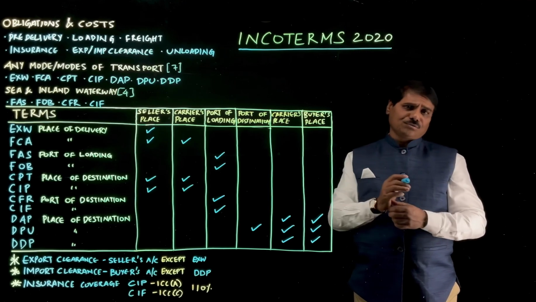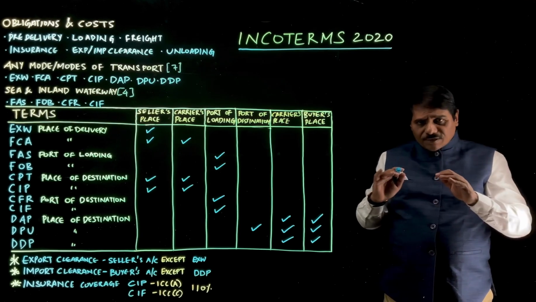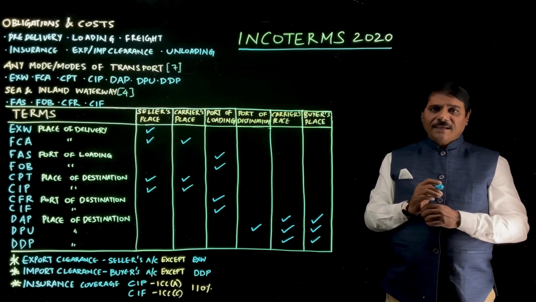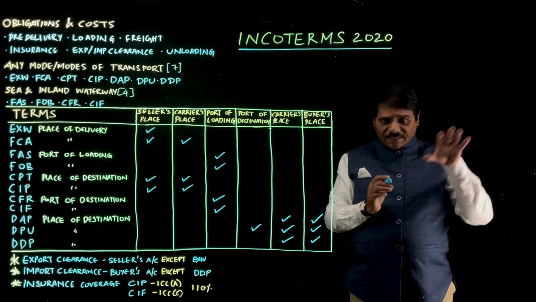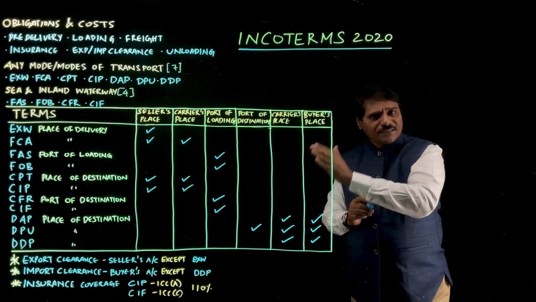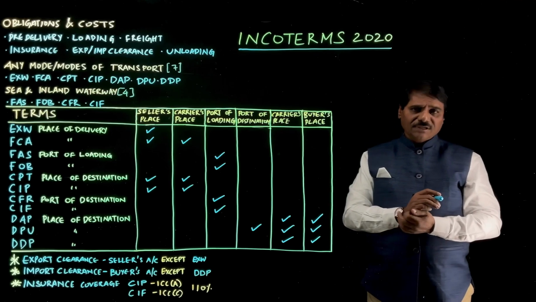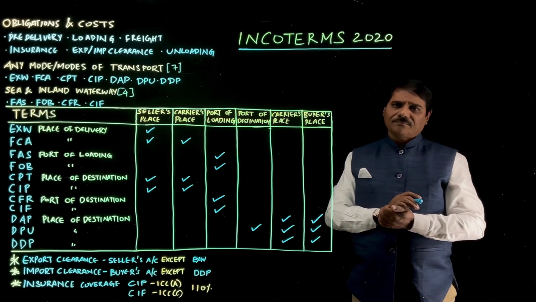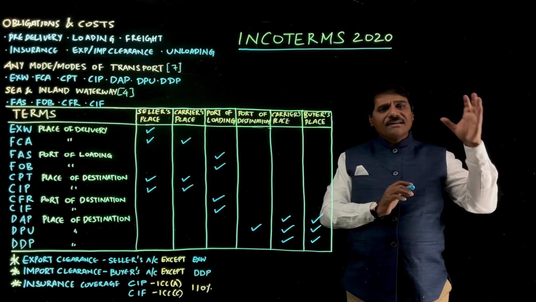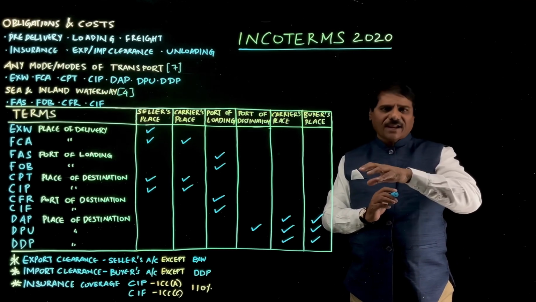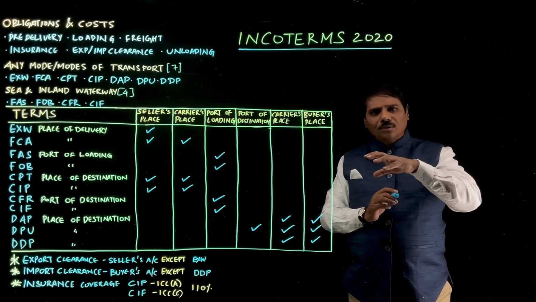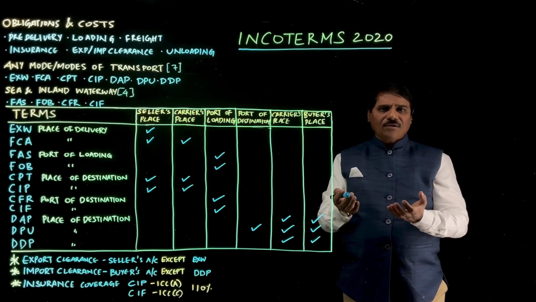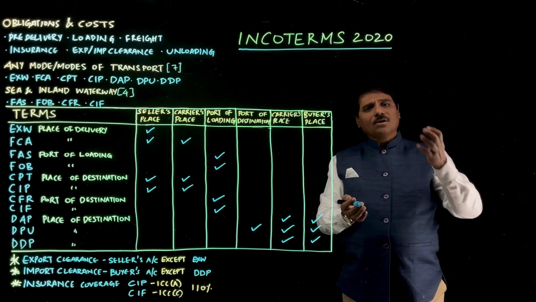Whereas Incoterms 2020 has given a provision that in case of FCA, if the main carriage is by sea, main carriage meaning from the carrier's place to, for example, Dubai, then the buyer can instruct the shipping company to release a bill of lading, that is the proof of shipment document, to the seller. The seller will get a bill of lading once the goods are loaded on board the ship.